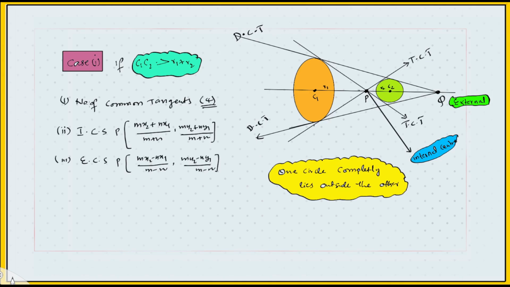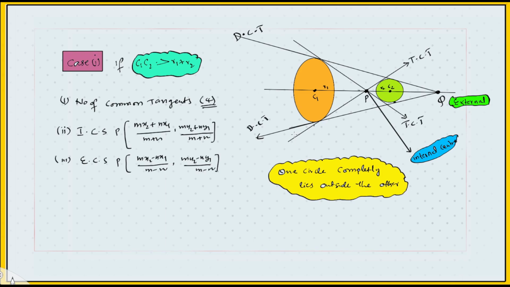Now here total 6 different cases are there. Our first case: if C1C2 is greater than R1 plus R2, one circle completely lies outside the other circle.